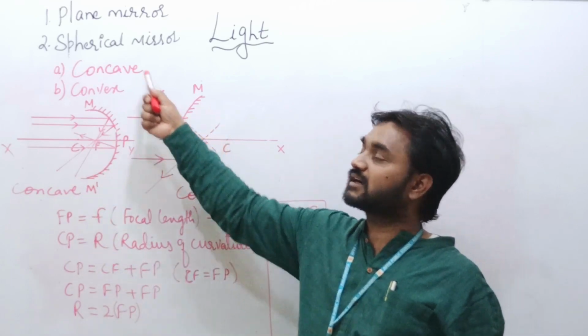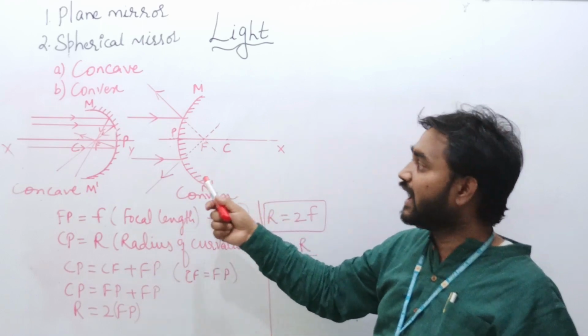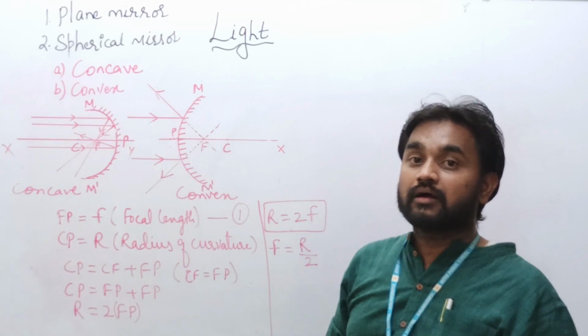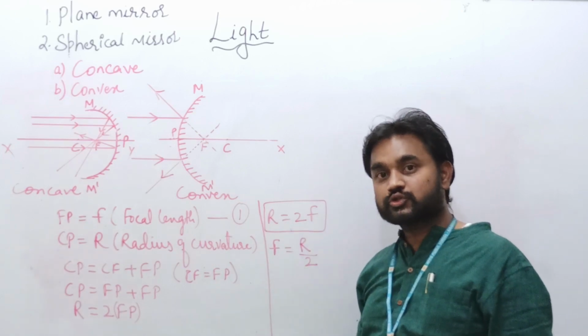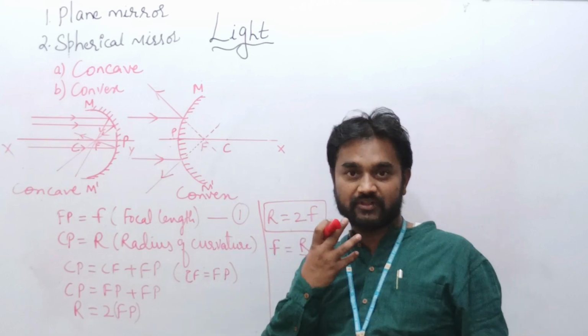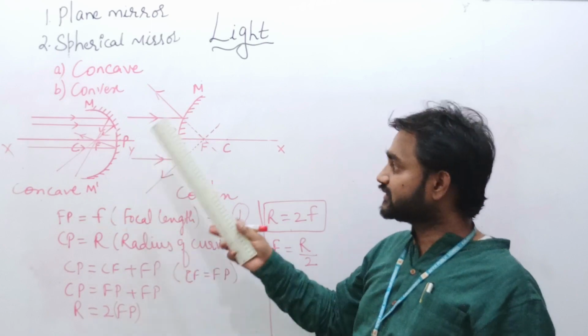Here the reflected rays are diverging, so we call it a diverging mirror. The concave mirror is also called a magnifying mirror. It is used by the dentist to examine the teeth cavity. Clear? Hope this is understood.